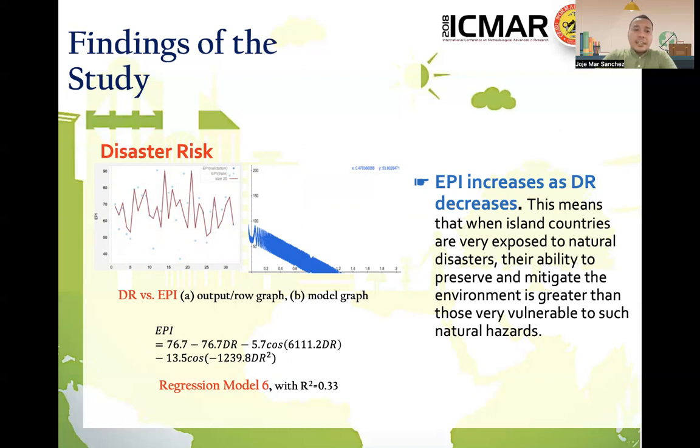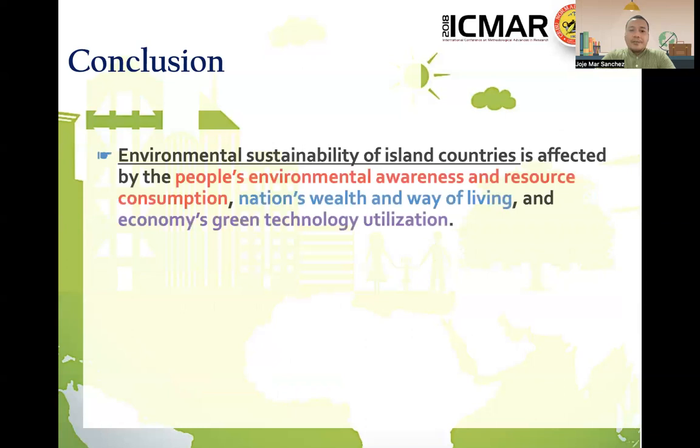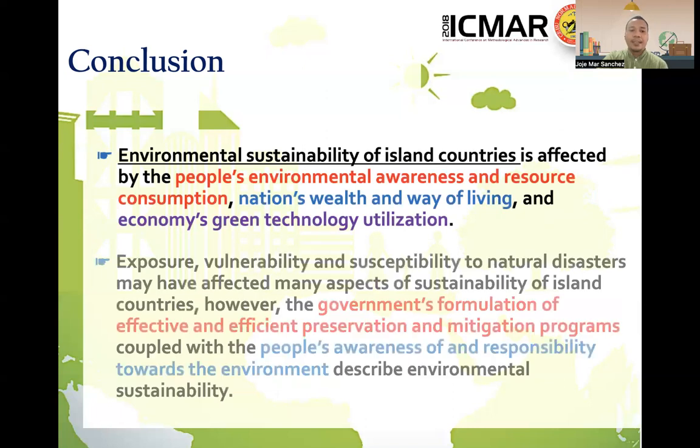And from these findings, the following conclusion is formulated. Environmental sustainability of island countries is affected by the people's environmental awareness and resource consumption, nations' wealth and way of living, and economies' green technology utilization.